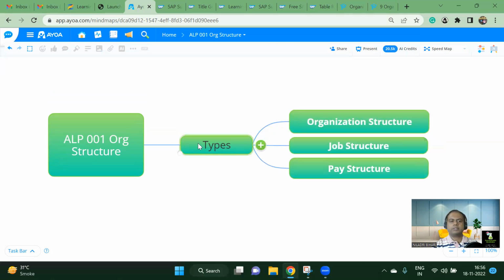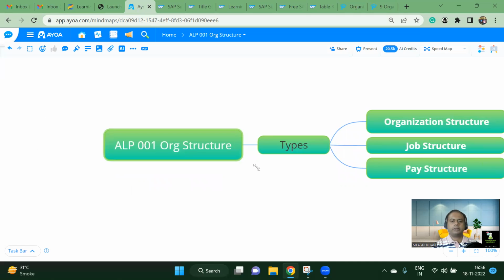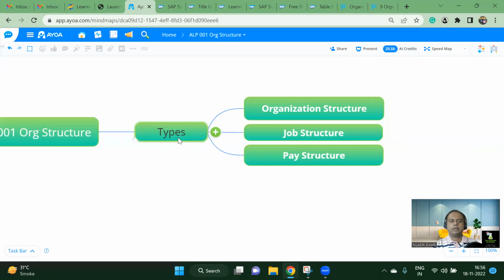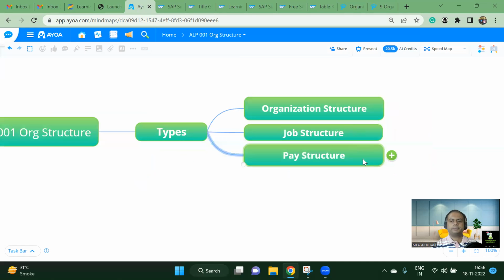And every structure will be having its own elements to it, so that we are not capturing here. So you can see org structure. Then the last one is your location structure.